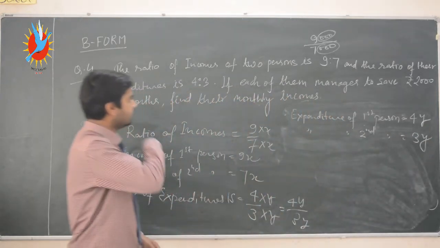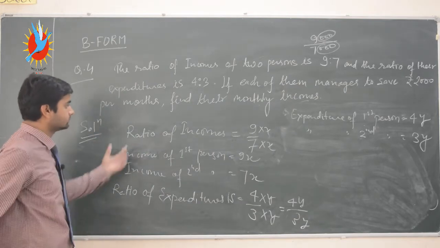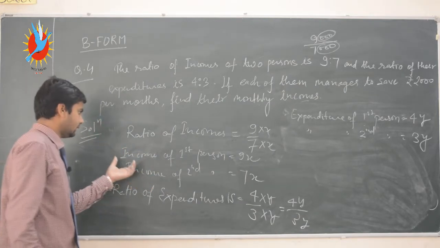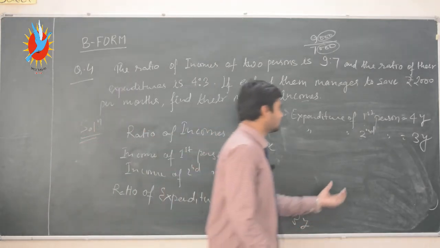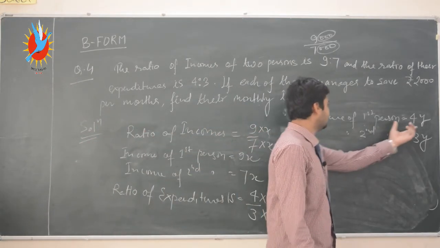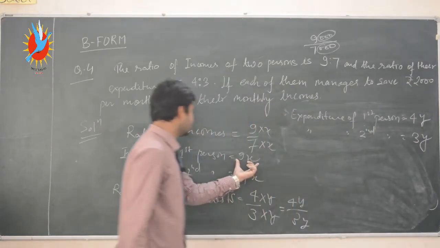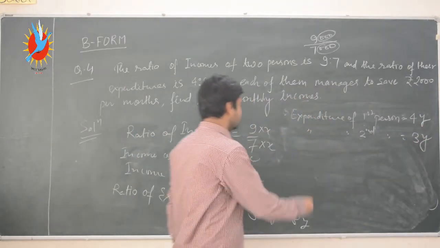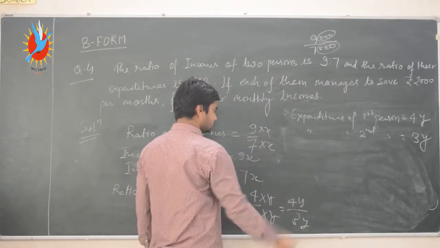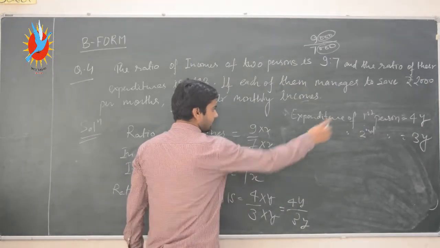Now the question is, each saves 2000 per month, and the first person is earning 9x per month and spending 4y. So income is 9x and expenditure is 4y. To calculate the savings, saving will be income minus expenditure.